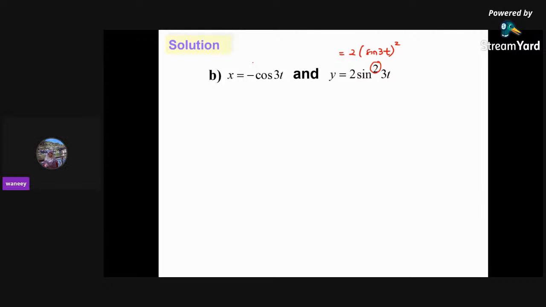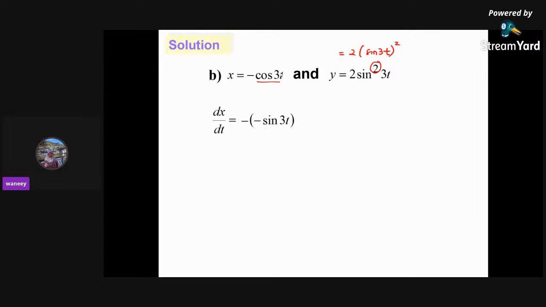Okay, so let us differentiate this. So dx over dt, we're going to differentiate cos. Differentiating cos, it will become negative sine. So we have negative sine of 3t times negative 1, and then we should differentiate 3t after that.